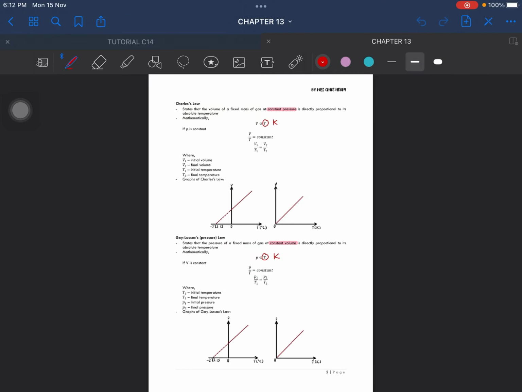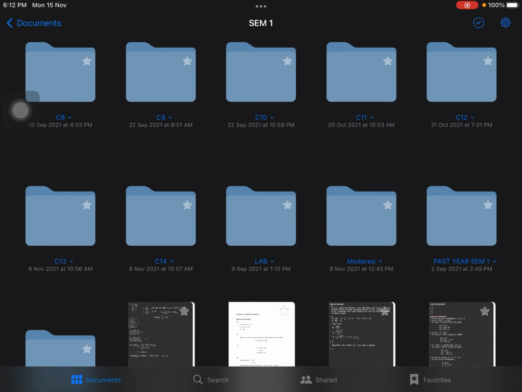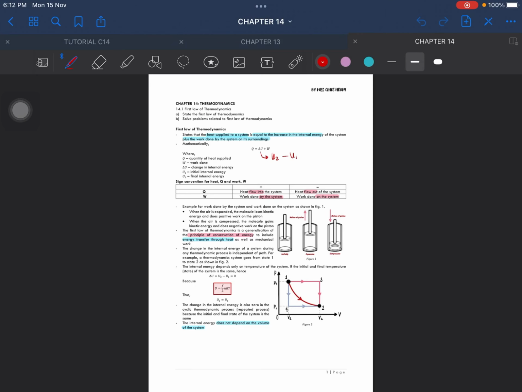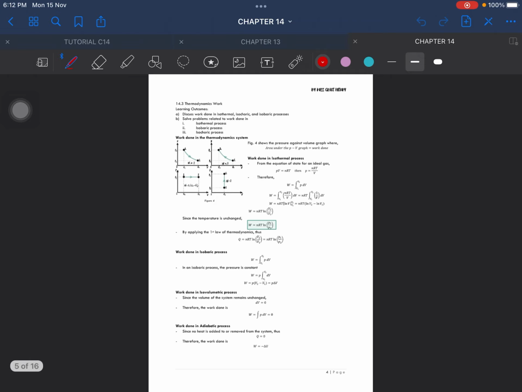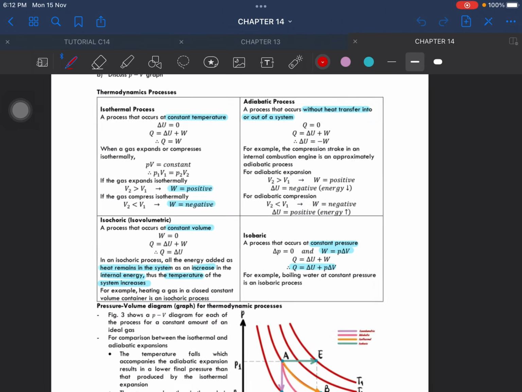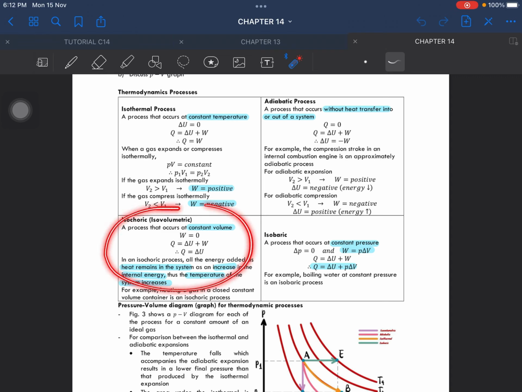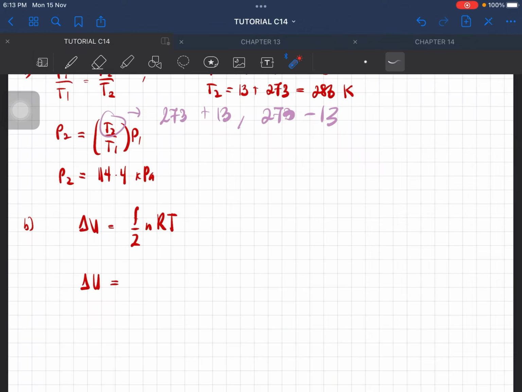Let me check. Oops, this is chapter 13. Chapter 14 for what is it? Isovolumetric. Isovolumetric work is this one. Q is equal to delta U.